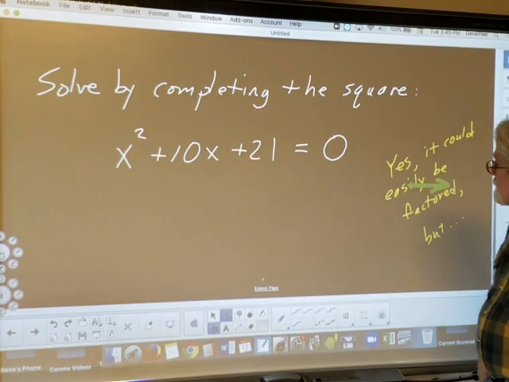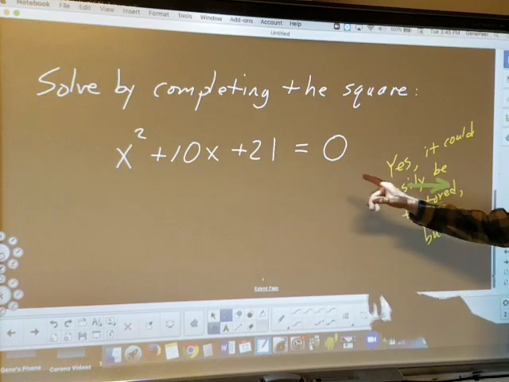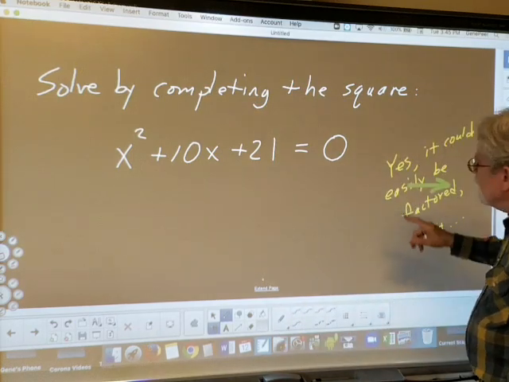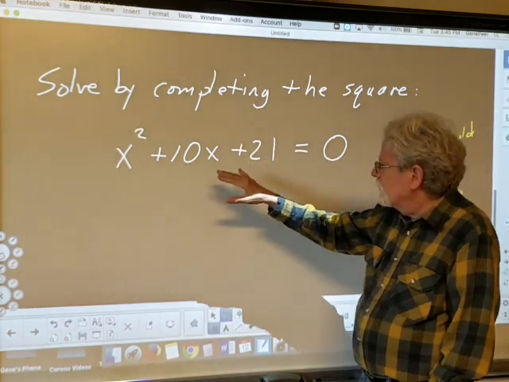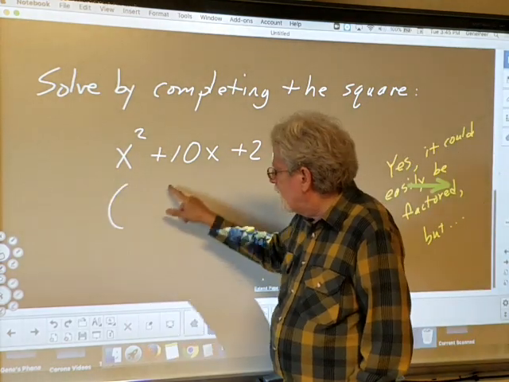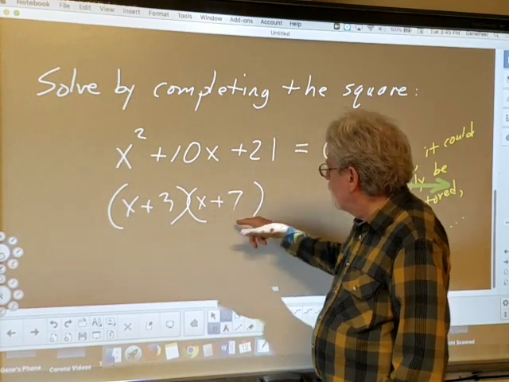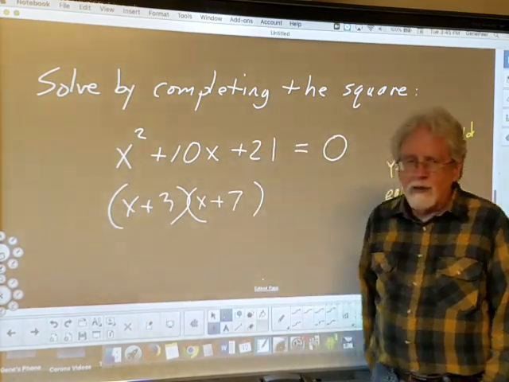All right, let's solve this guy by completing the square. When I created this problem a little while ago, it occurred to me after I created it, because I made it deliberately to be easy, that we could have just solved this by factoring. X plus 3 and x plus 7, the solutions are negative 3 and negative 7. That was easy.